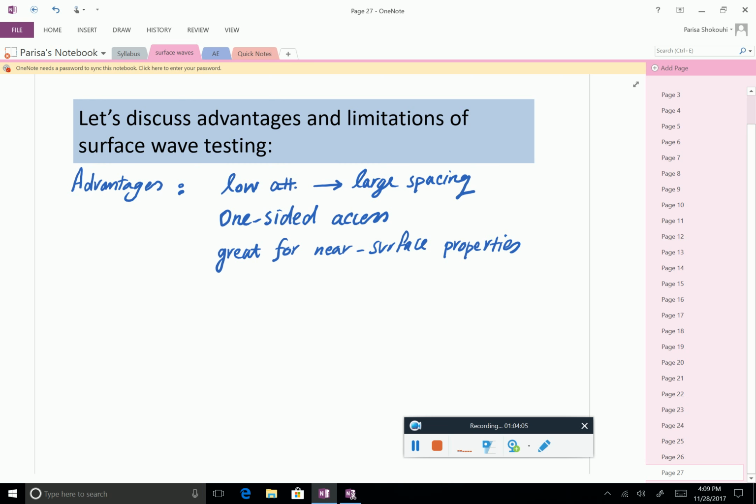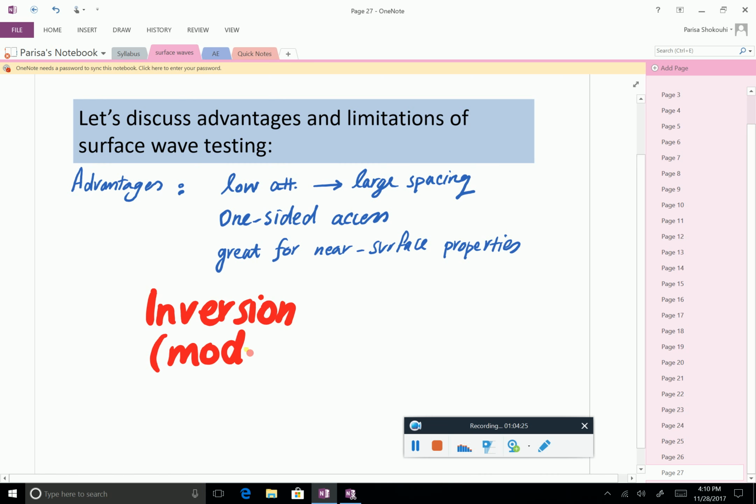Without modeling, if you look at the dispersion curve or dispersion surface, it's very hard to see what's going on. So I would say the main disadvantage is the inversion, which implies that you need to do modeling always, and that's always expensive and takes time. Otherwise, it's great.